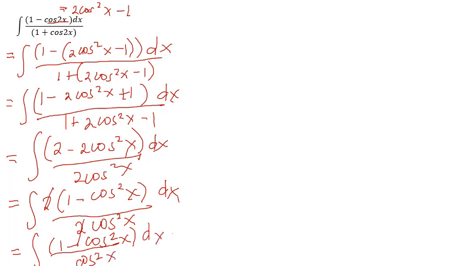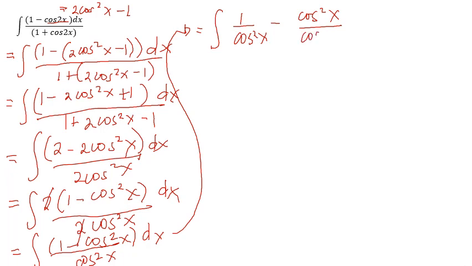So if I will try to distribute my denominator in my numerator, I will get integration of 1 all over cosine squared x minus cosine squared x all over cosine squared x, in quantity dx, which is now equal to integration of 1 over cosine squared x, which is equal to secant squared x, minus cosine squared x all over cosine squared x, which is equal to 1.